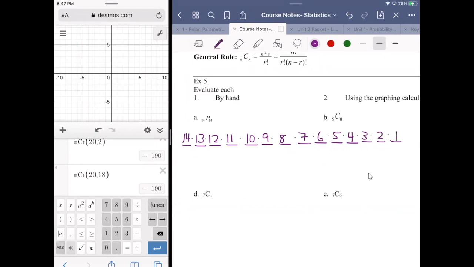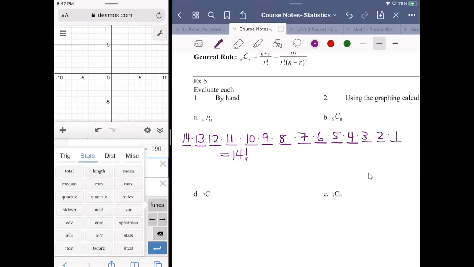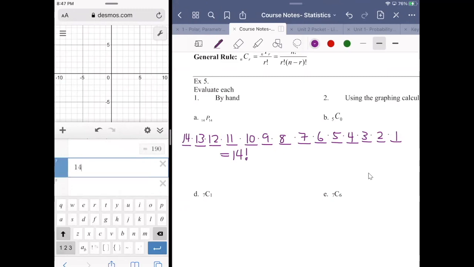You do that one time and you realize, oh, wait a minute, that's the same as saying 14 factorial. So instead of writing all that stuff out, I could have just gone with 14 factorial, because whether you multiply 14 factorial out, like we listed it out here, 14 times 13 times 12 all the way down to 1, or if you type 14 factorial in your calculator, I'm not going to know the difference. Right? So, oh, I forgot, this is the one that we just looked at. So that would be the lovely answer here.